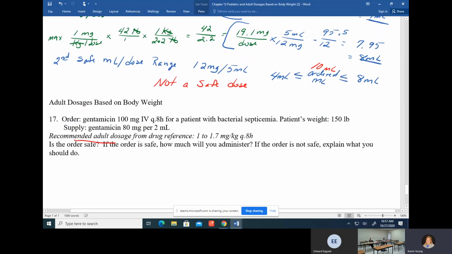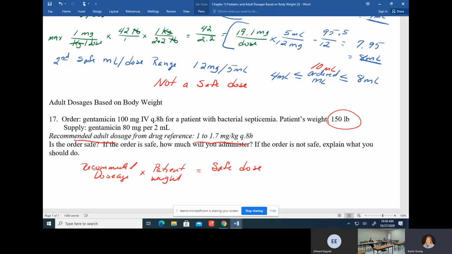So the recommended adult dosage, the 1.1 to 1.7 milligrams per kilogram, times the patient's weight, and then if you need the conversion, that equals your safe dose. So it doesn't matter if we're doing pediatric or adult, it's the same thing.